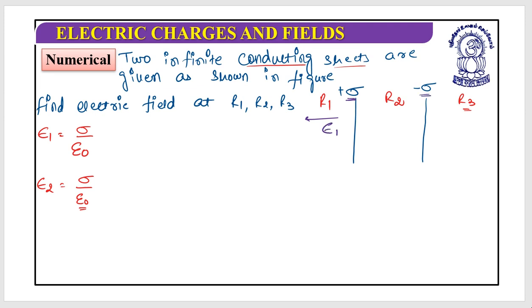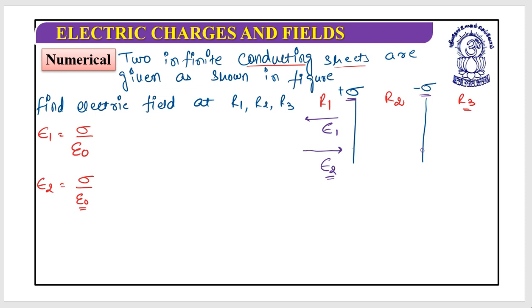This is the minus sigma. For minus sigma, electric field lines should be moving towards the body, that is, inside the body. So for inward electric field lines, it should move in this direction. Are you sure?